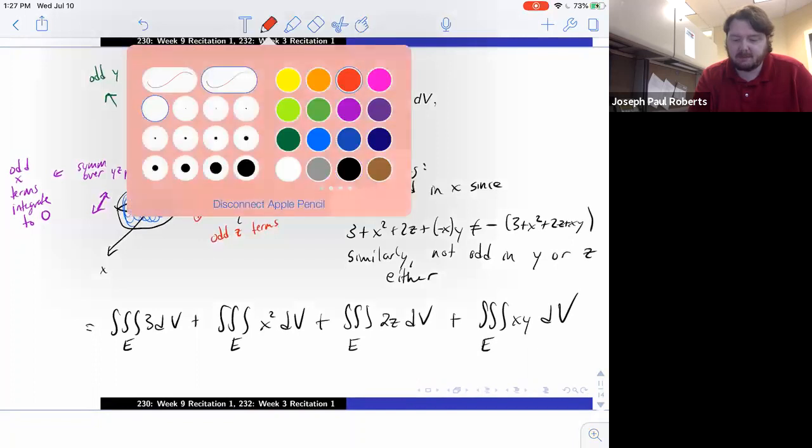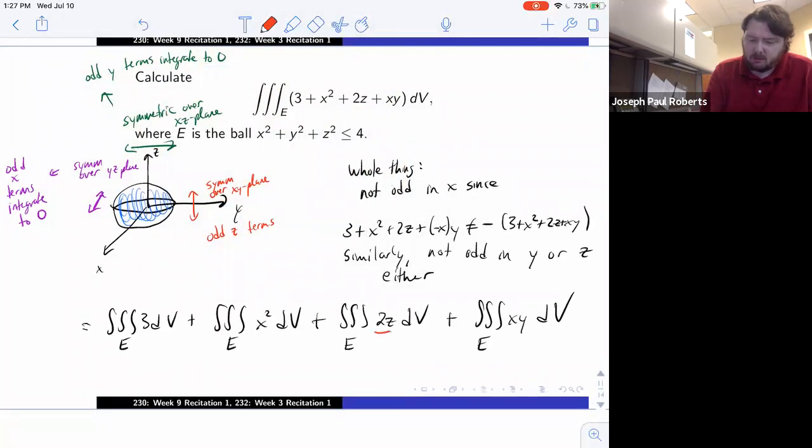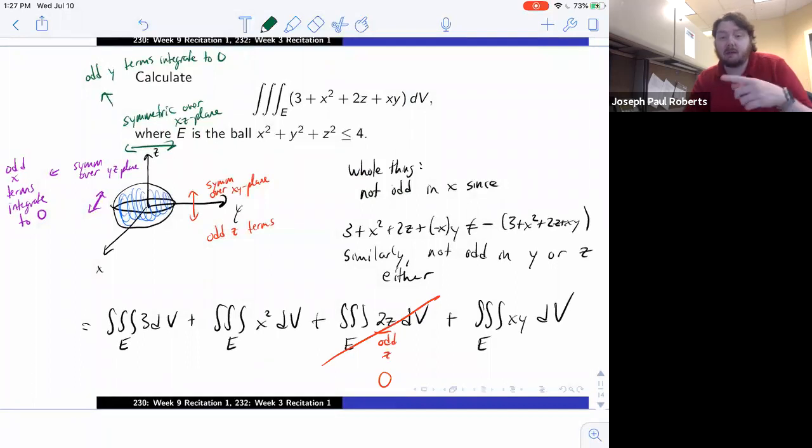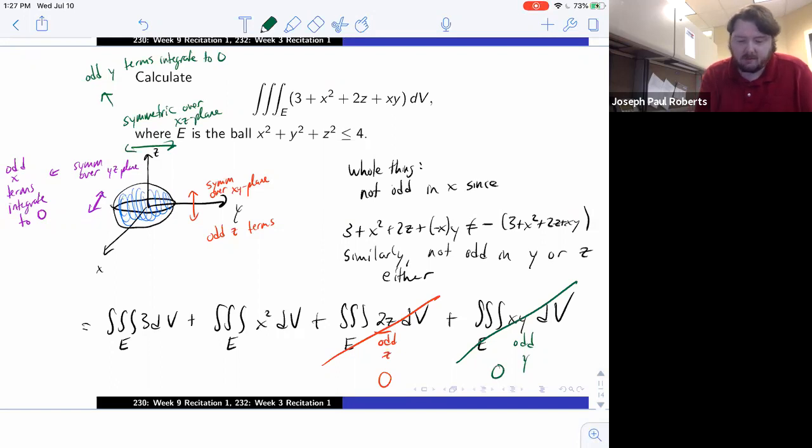This here is odd in z, so that term integrates to 0. For xy, you could use either x or y oddness because we have both yz and xz plane symmetry. Let's just use the fact that this is odd with respect to y and the xz plane symmetry of this ball to tell me that that integrates to 0.